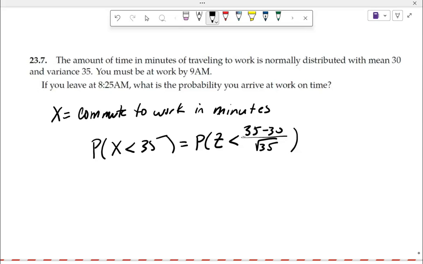And then I'll definitely need a calculator or Excel or something on here, right? Because I need a decimal. Square root of 35 is a little bit less than 6, so it should be a little bit bigger than 0.86-ish, so maybe 0.8889?